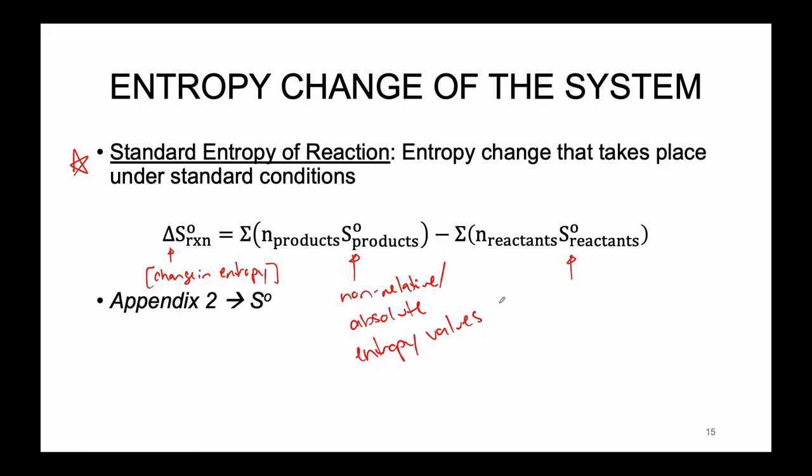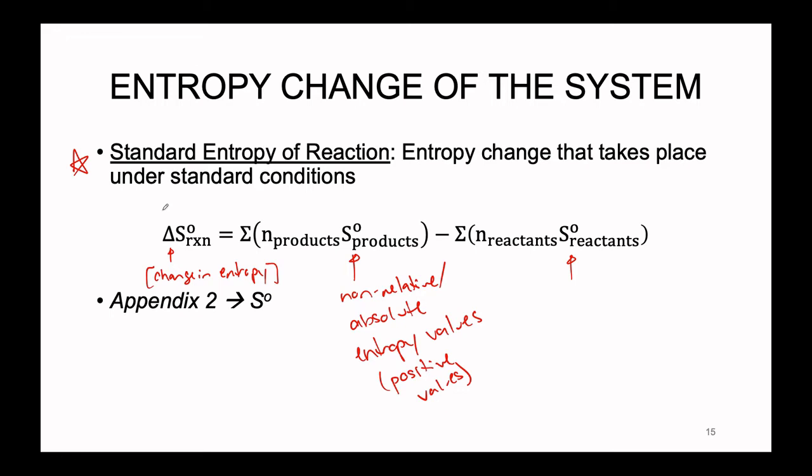If there's a delta present, it's because we are looking at a change in entropy over the course of a process or a reaction occurring, but the individual pieces that take place in this process have non-relative and absolute entropy values, which are always going to be positive values. So our deltas may end up being negative, but the individual particles and the individual molecules will have their own non-relative positive entropy values associated with them.